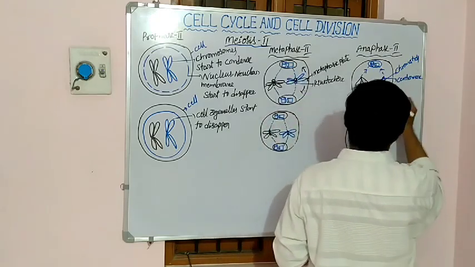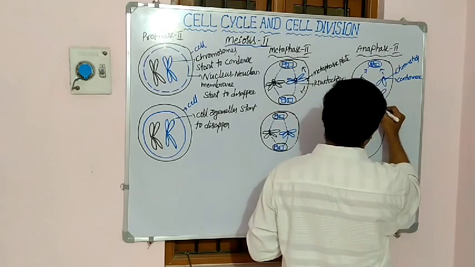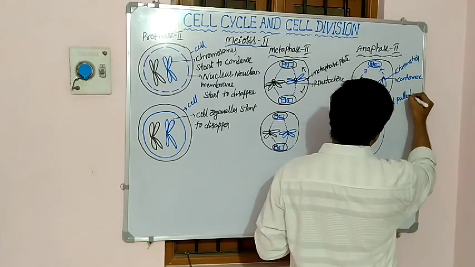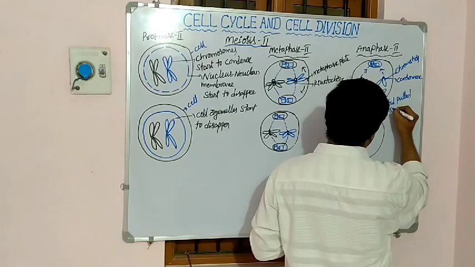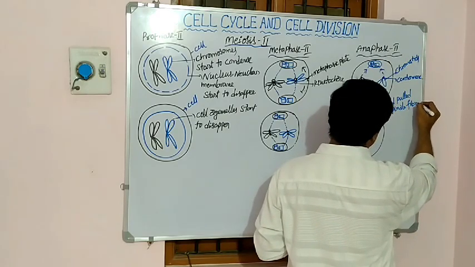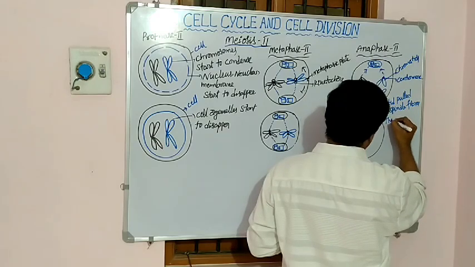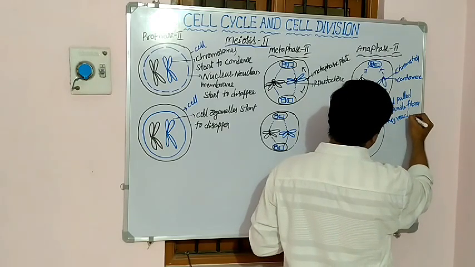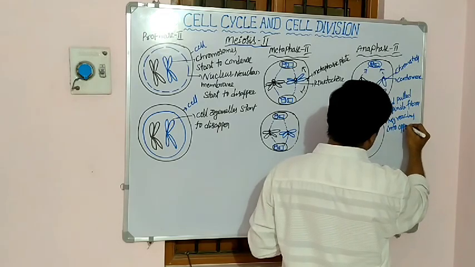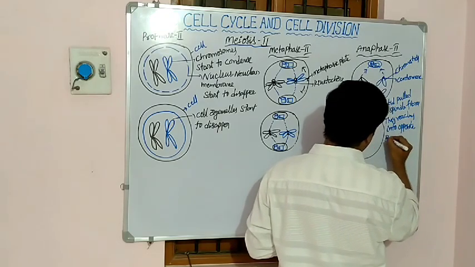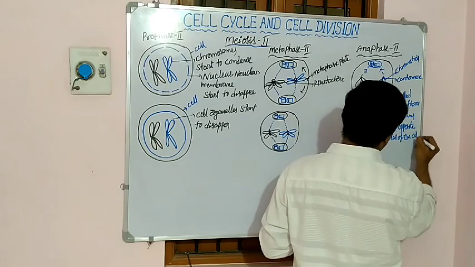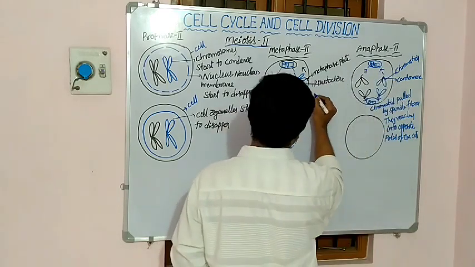So the chromatids are pulled by spindle fibers and they reach the opposite poles of the cell, remember.